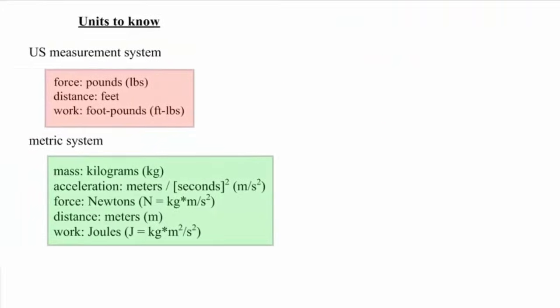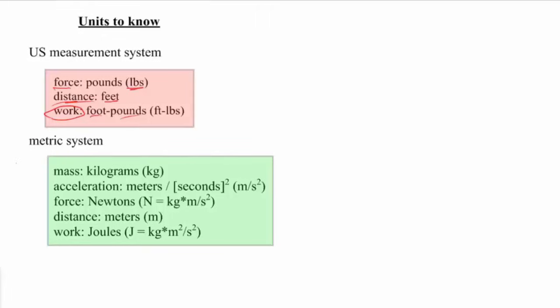A couple of things to know about work is that the U.S. measurement system and the metric system are a little bit different here, because for the U.S. we have a measurement for force, it's pounds, distance is feet, and then work is measured in foot-pounds. So that is number of feet times number of pounds.